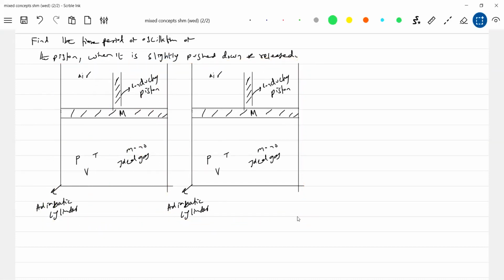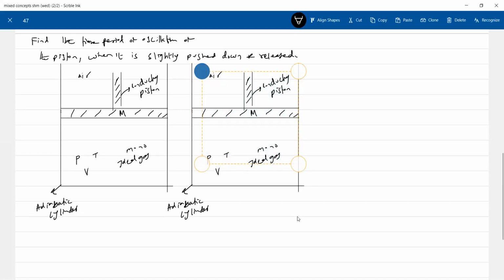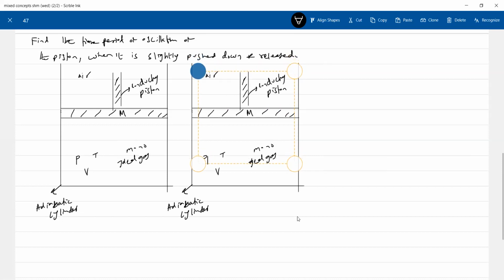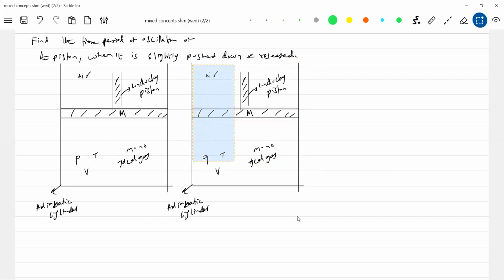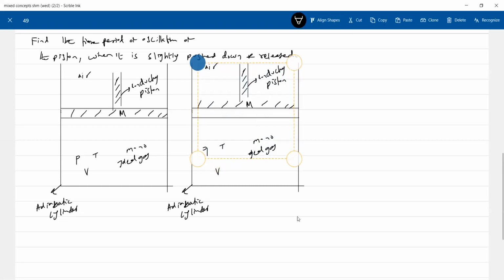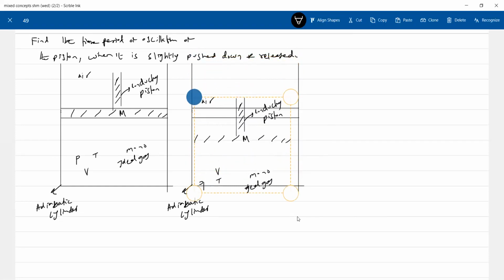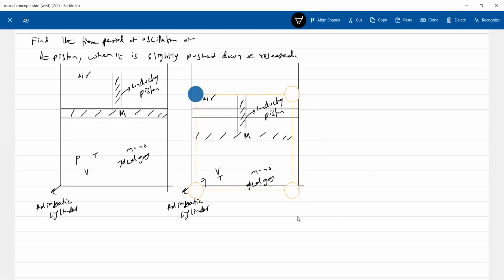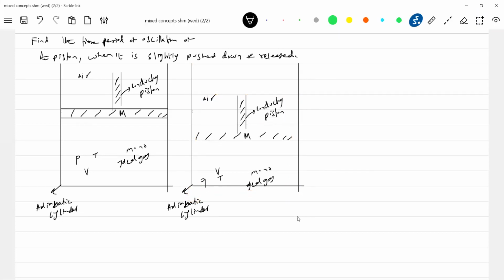Now you see this piston: I slightly displace it by a distance y and release. We have to find out the time period of oscillations of it. Okay, let's see what changes.